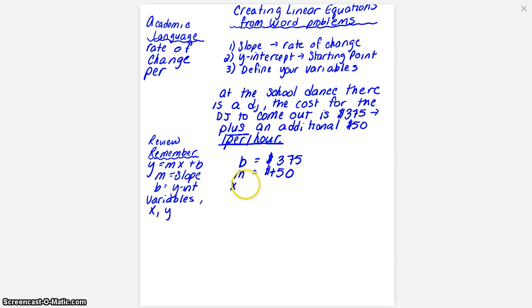So our X is going to be time in hours. And you can always look back at your rate of change. So it's $50 per hour. Okay, so your rate is going to be with your X. Your slope is going to be with your X. So the hour, per hour, needs to be your X variable. The Y variable in this case is the total cost for the DJ.